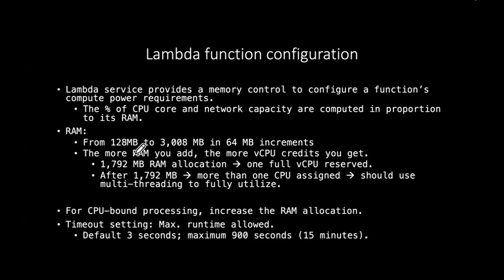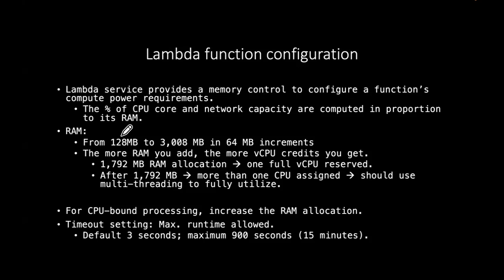And I've got some simple data here. The lowest amount of RAM is 128 megabytes, and the highest is up to 3 gigabytes, in increments of 64 megs. I don't think we ever need to go higher than 128 in our case. But if your Lambda function does heavy processing, you will need to bump up the RAM.